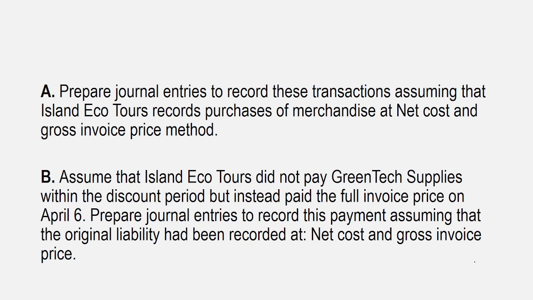These journal entries will help Icelandic Tours accurately reflect their financial transactions and liabilities in their accounting records. Let's explore how to handle these journal entries step by step for both the net cost and gross invoice price scenarios.